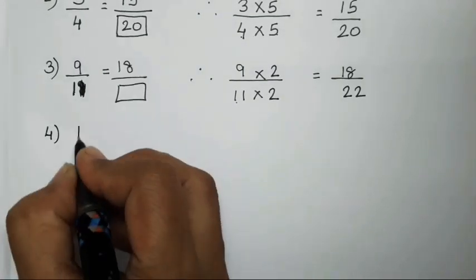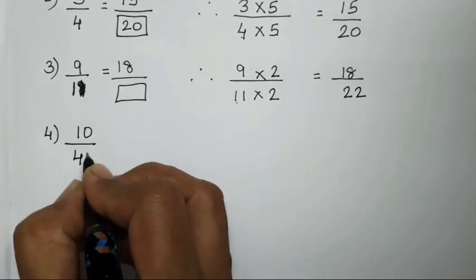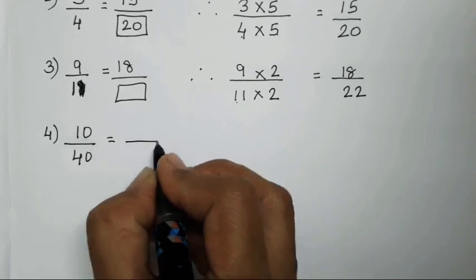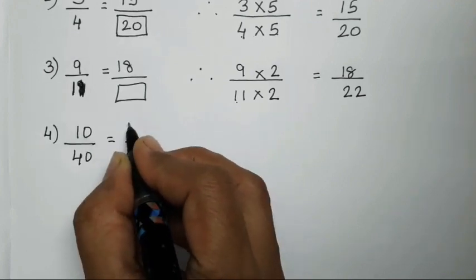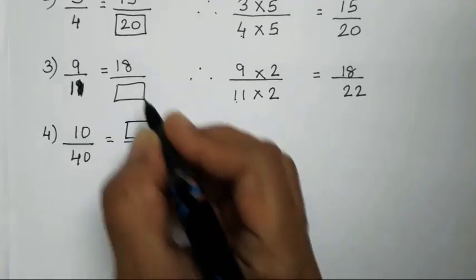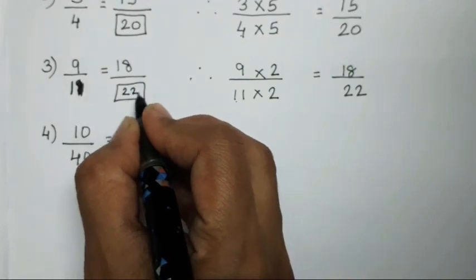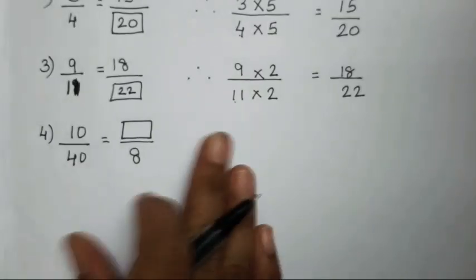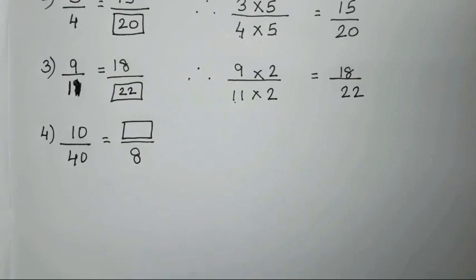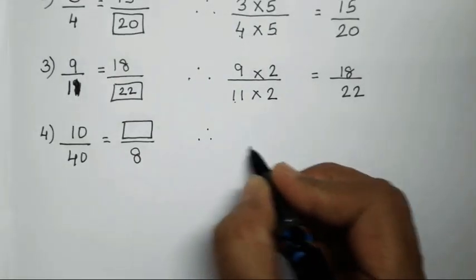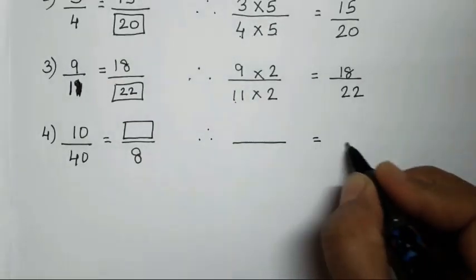Fourth sum is 10 upon 40. Now you should understand when you have to multiply and when you have to divide. Okay, so I will write 22 over here. We forgot to write it. Okay, now as I said, you first have to decide where you have to multiply and where you have to divide.